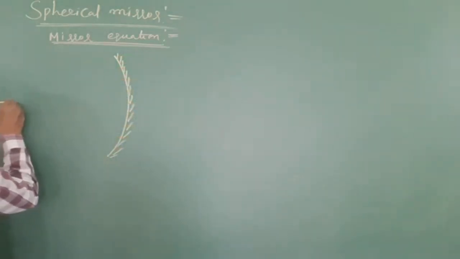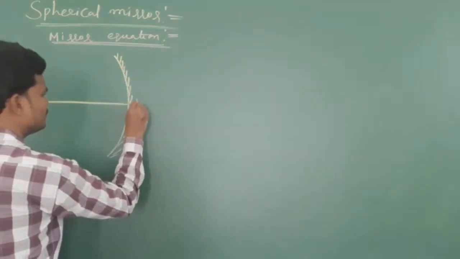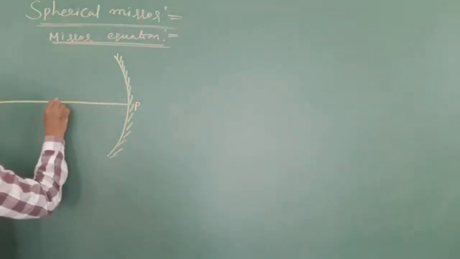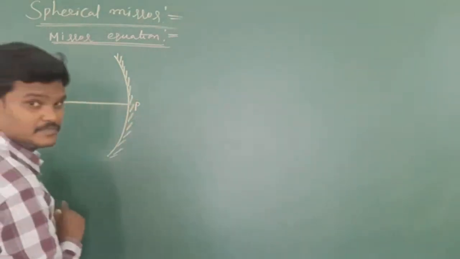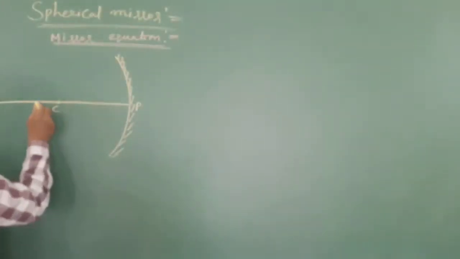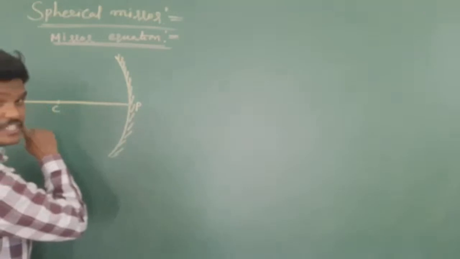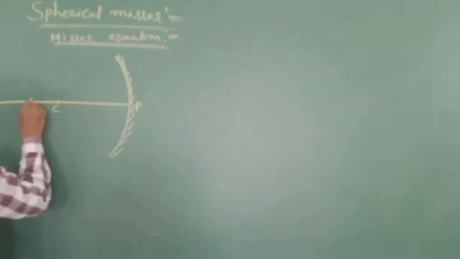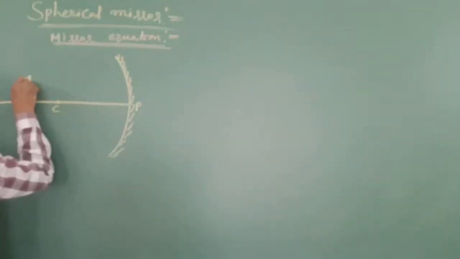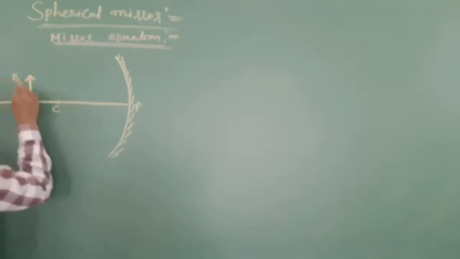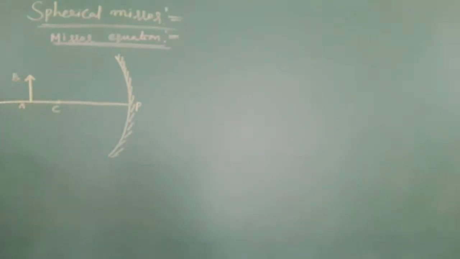Now this is the principal axis and C is the center of curvature. Let me place an object in between infinity and C. This is an object, let me call it AB.